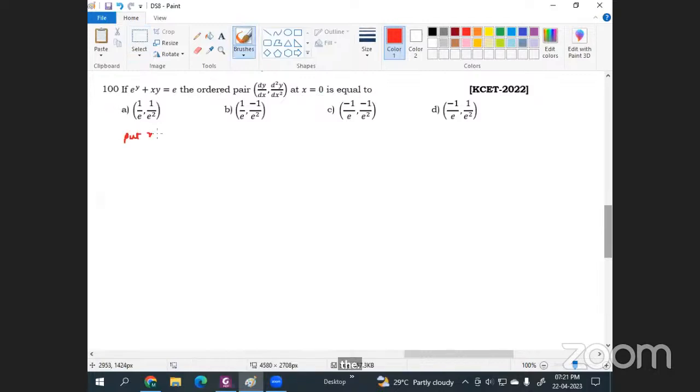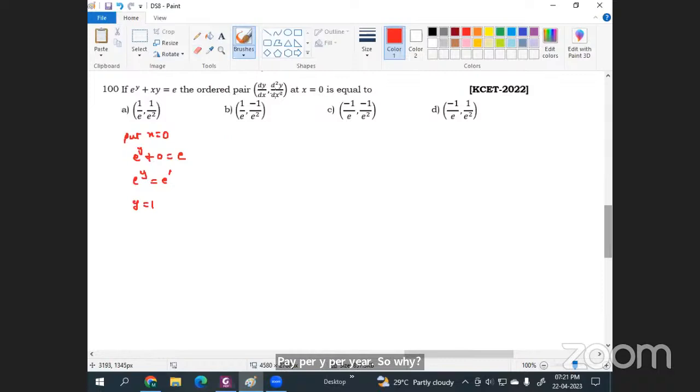So put x equal to 0. At x equal to 0, e power y plus 0 equal to e. So e power y equal to e. So y equal to 1. Y equal to 1. Then I can go ahead with this one.